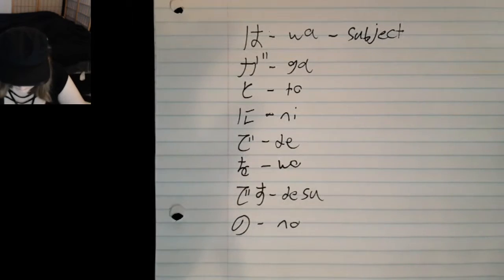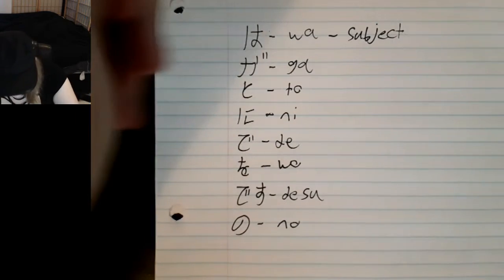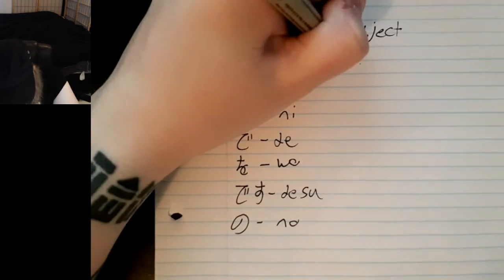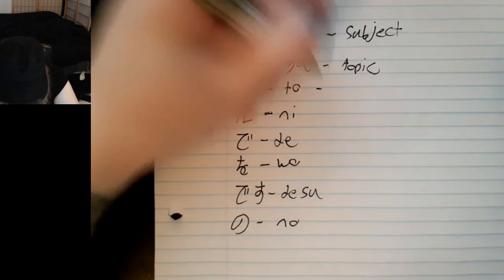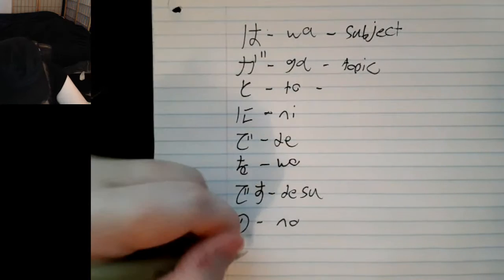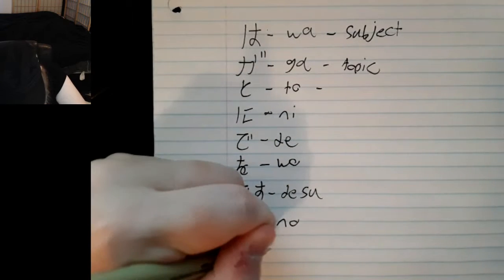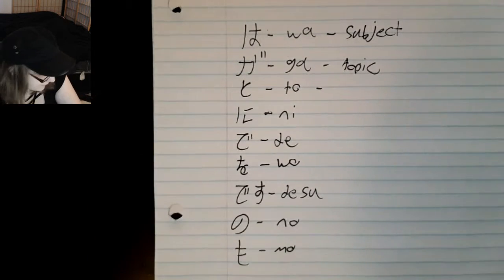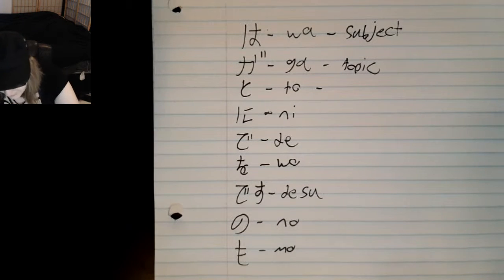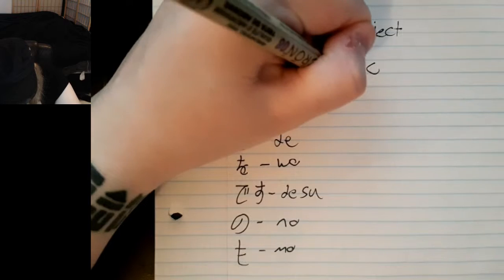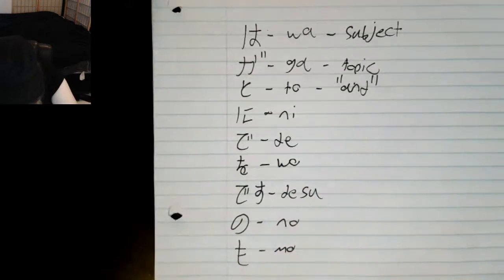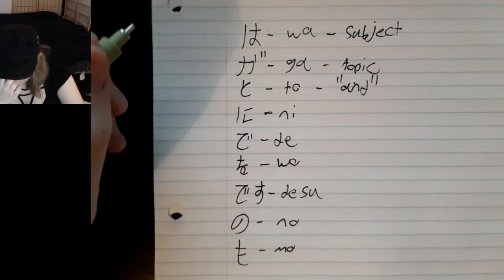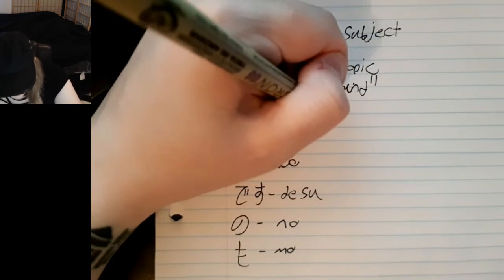Okay, so wa is subject, ga is topic, to denotes... Oh, I completely forgot mo as well. Don't worry, I'll get to more particles as we use them. But to normally has to do with and. Ni, location.